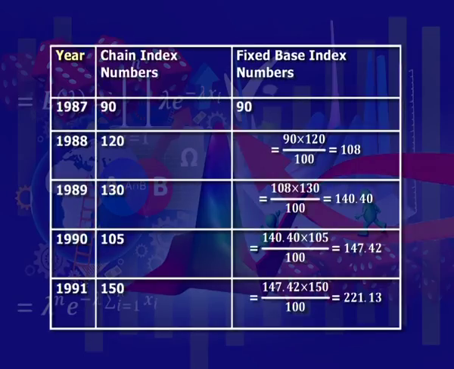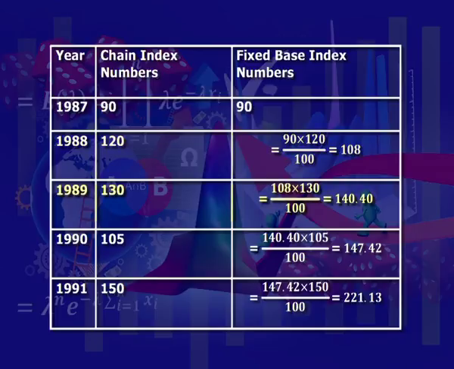The first column indicates the year, the second column has the given values of the chain base index number, and in the third column we wish to calculate the fixed base index numbers. For the first year, the fixed base index number remains the same as the chain base index number, so it is 90. For the next year, the chain index number is 120, and the fixed base index number of the earlier year, that means 90, multiplied by the chain index number of the current year, which is 120, divided by 100, comes out 108.